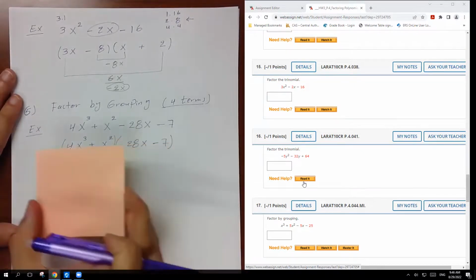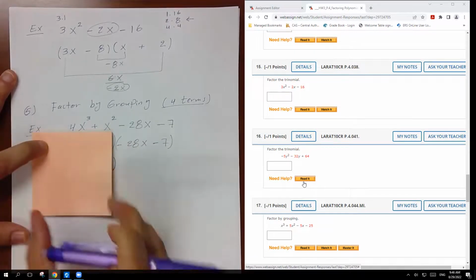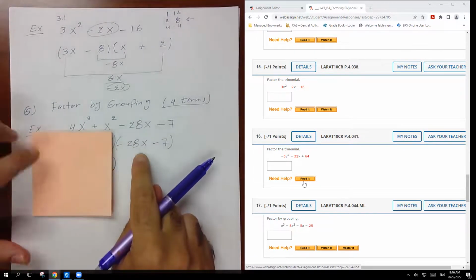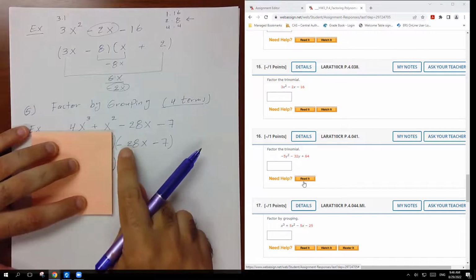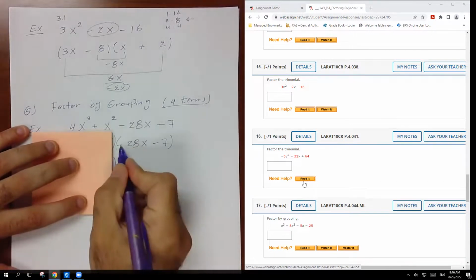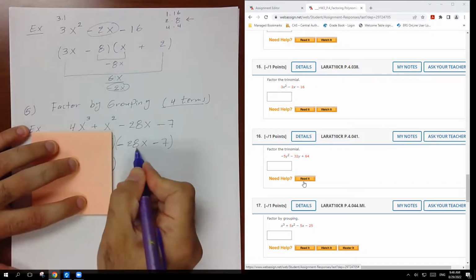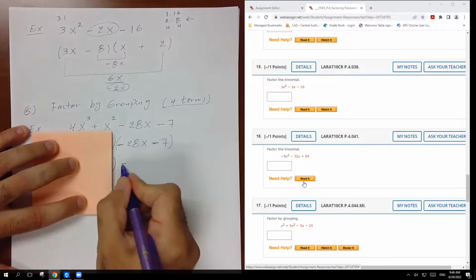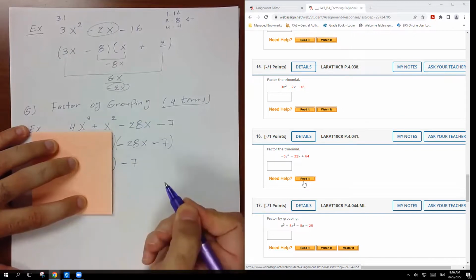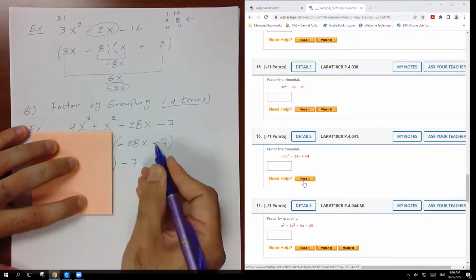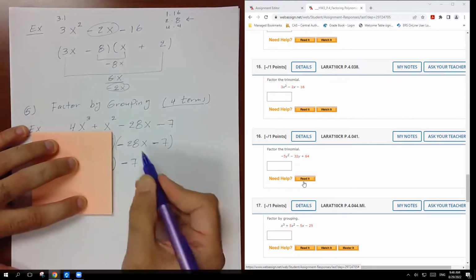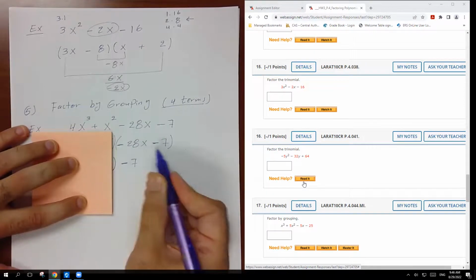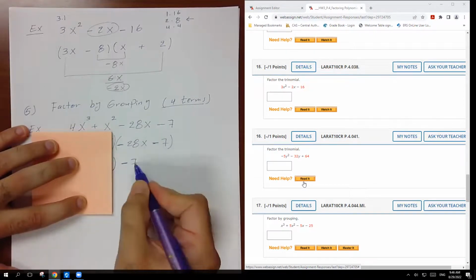Take this one and hide the first group. We have to look at the second group. Do you have a common factor between negative, be careful, negative 28x and negative 7? Yes, the common is negative 7. The negative sign means it's common. 28 is 4 times 7, so the common is negative 7.